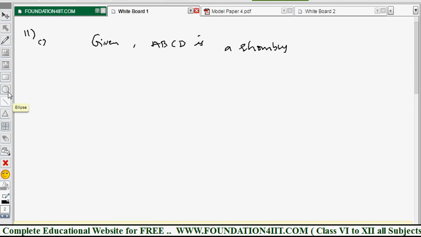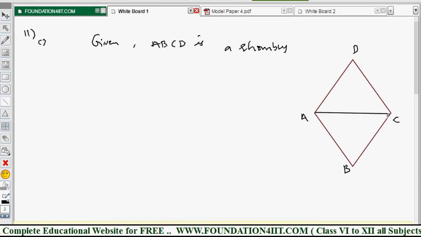So let me draw the rhombus shape. Here A, B, C, D, right? And the diagonals intersect at O. So the two diagonals, A to C and B to D, are intersecting at O.